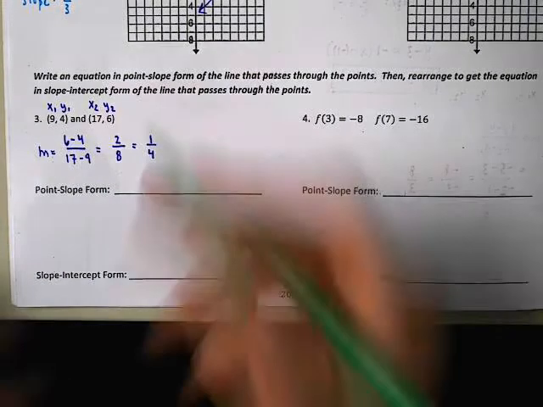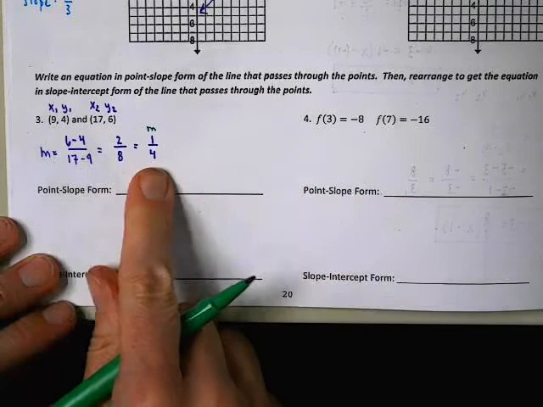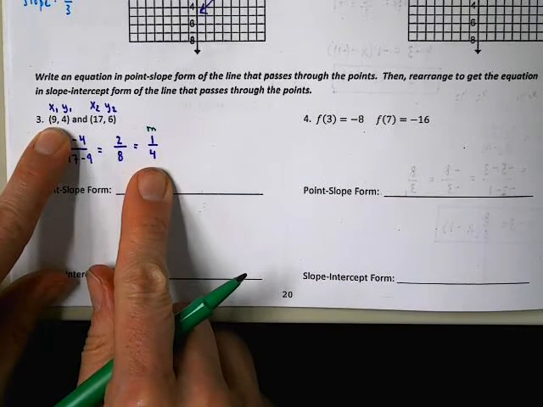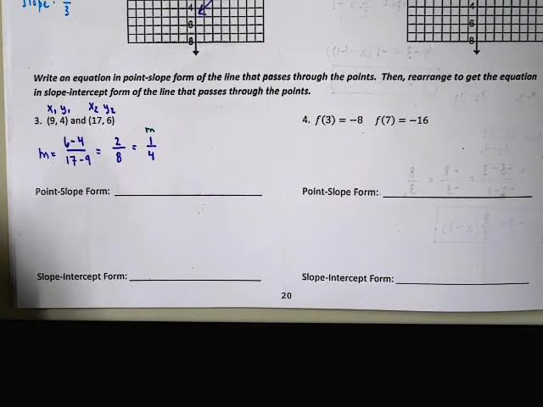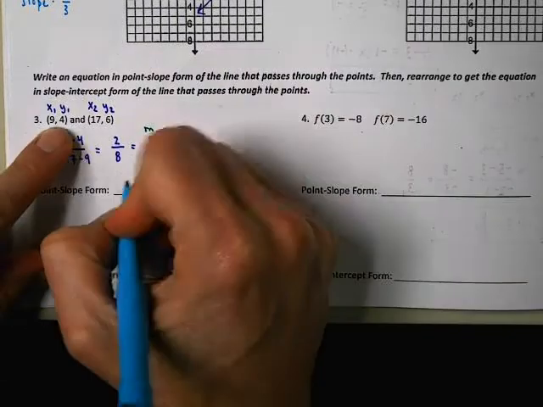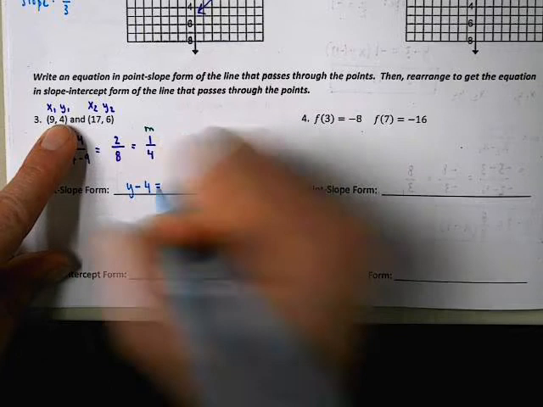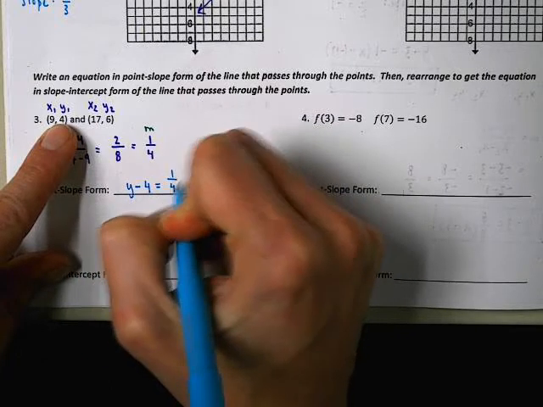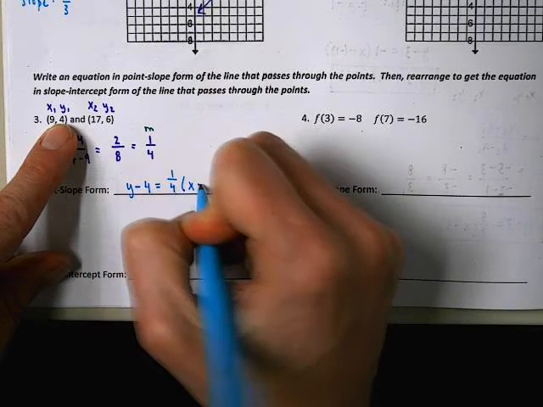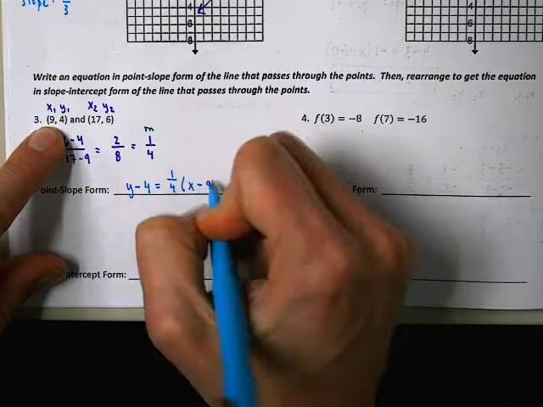So now I've got my slope, my m, and I've got a point. So let's put that in point-slope form. My equation is going to be y minus y1, which is 4, equals my slope times x minus x1, which is 9.